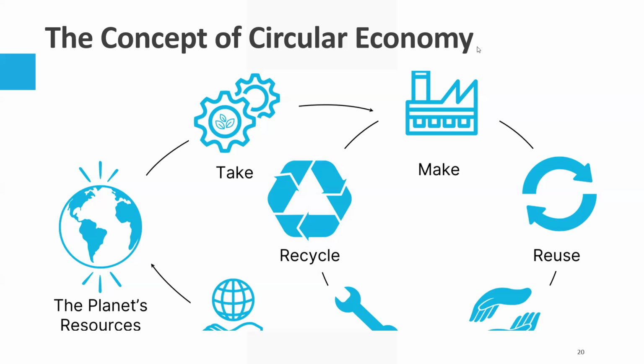So in the process, when we take things from the planet, we have to make use of them. We used to make so many things. We build. We need to recycle some of them, and we need to reuse them. The difference between recycling and reusing is that recycling is maybe a plastic bottle can be sent back to the factory and melted and used for something else, maybe a plastic bowl.